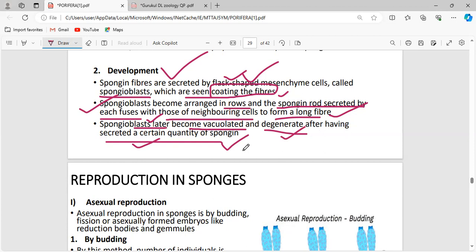What you have to remember is, if all the contents have been used in producing the spongin fiber, there is nothing left in the spongioblast, so ultimately it will be destroyed or degenerated. That's all about the skeletal system. Now, if you have any doubt, you can ask me now.